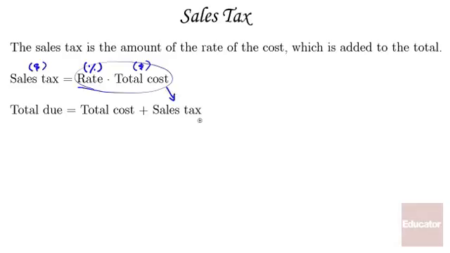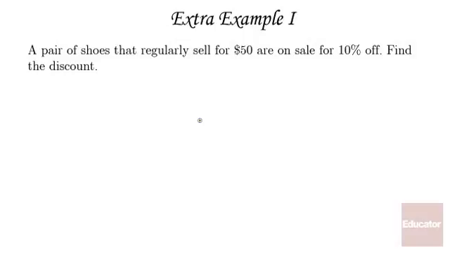Okay? Let's do a few examples. A pair of shoes that regularly sell for $50 are on sale for 10% off. Find the discount. So, regular price is $50. Okay? So if it's not on sale, then you would be paying the $50, right? 10% off. Find the discount.